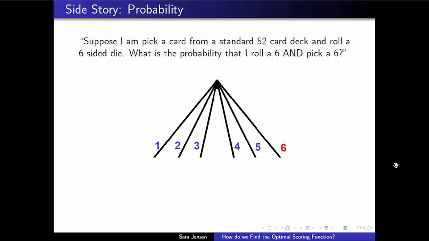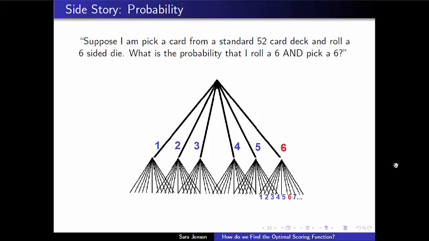But of course, rolling the die is just one part of what I'm doing. I'm both rolling a die and picking a card out of a standard 52 card deck. So the next level of the tree diagram is to draw in branches that are all equally likely for all of the possibilities that could arise from my 52 card deck.